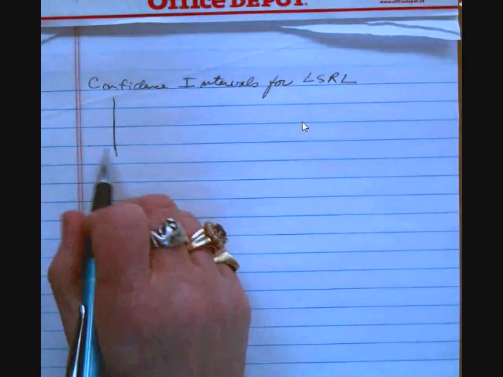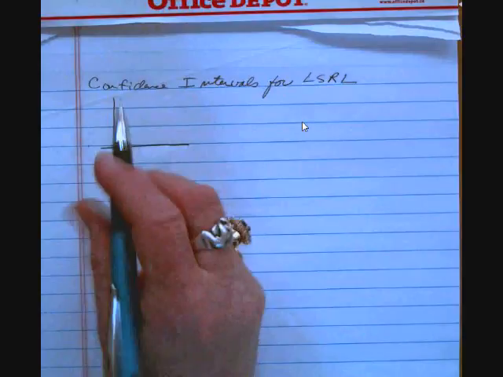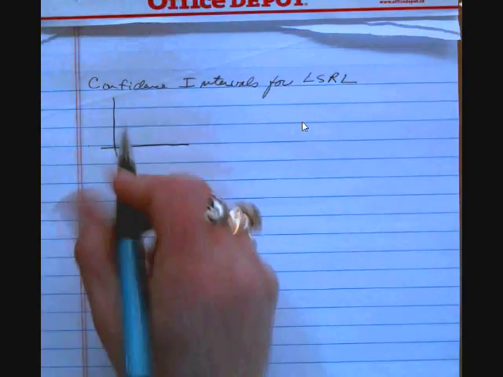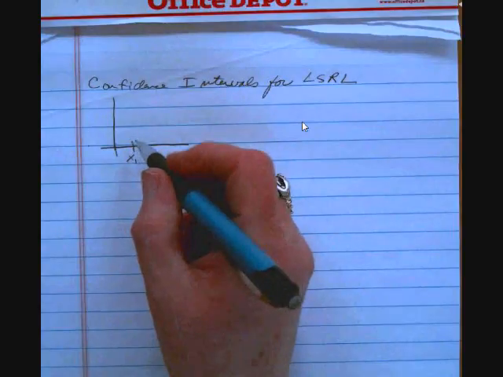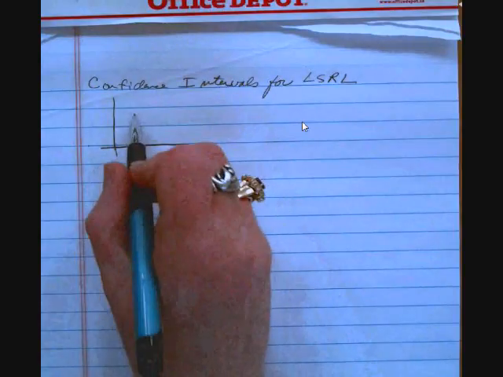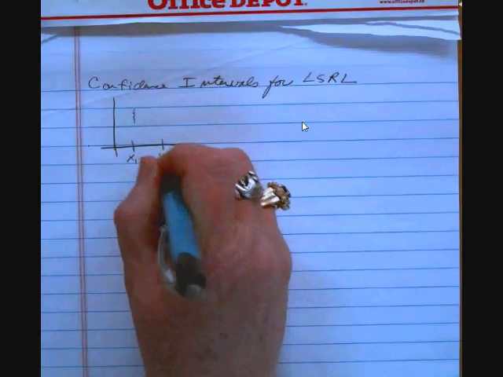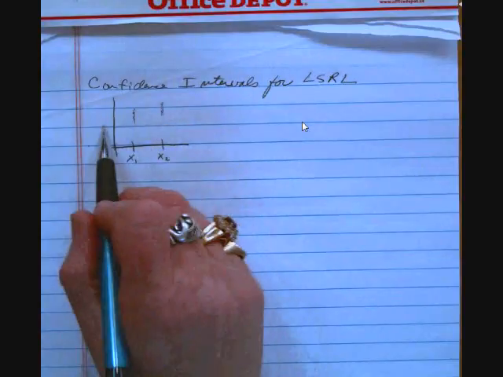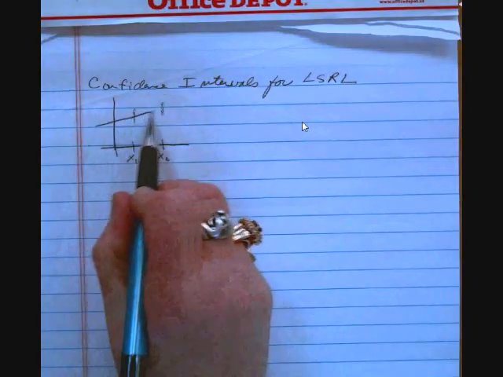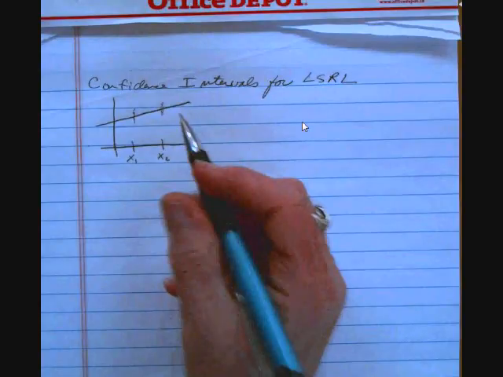I made this little drawing where I said, here's input x1, and here's all the possible outputs that it could be, and here's input x2, and here's all the possible outputs it could be, et cetera. Here's the least squares regression line for the population.